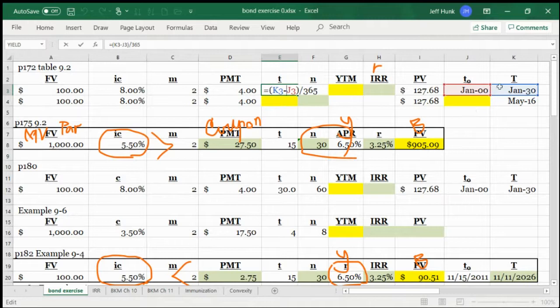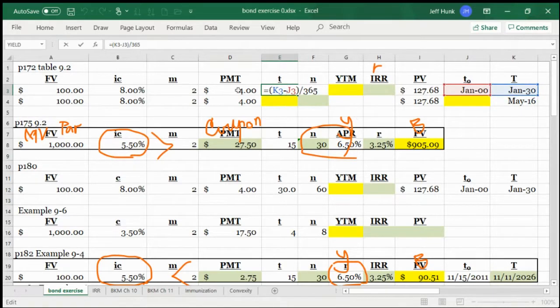Also you might notice that I have added these two. It was probably already there, I believe. Time 0 is today. Uppercase T is the terminal time or maturity, January of 2030.